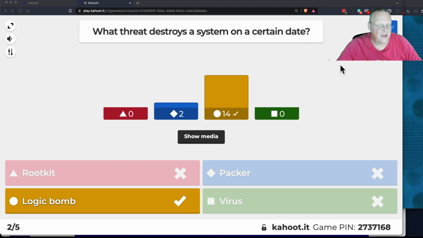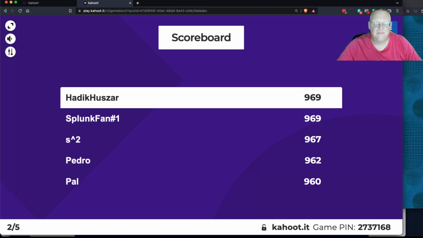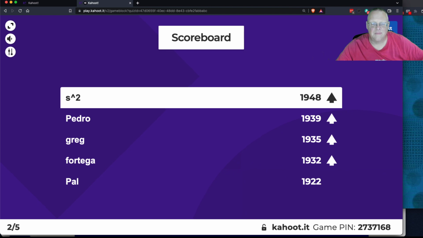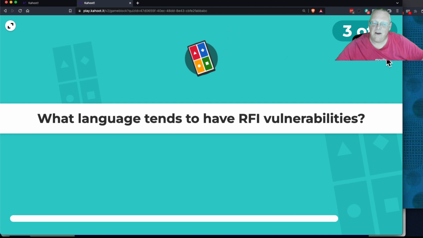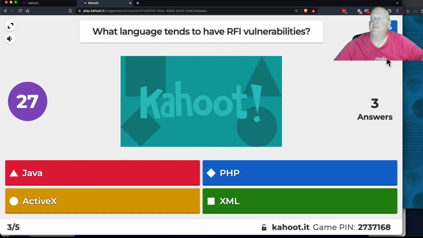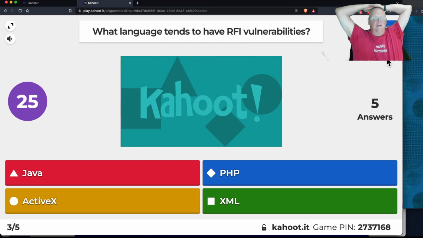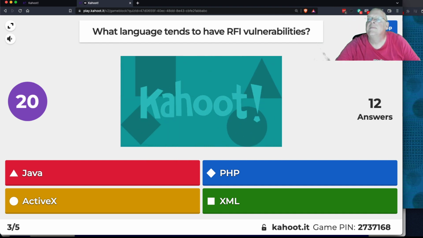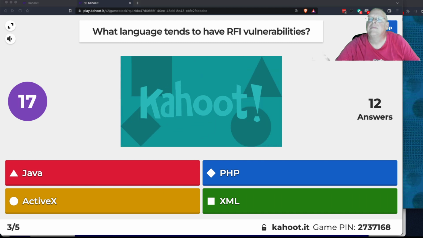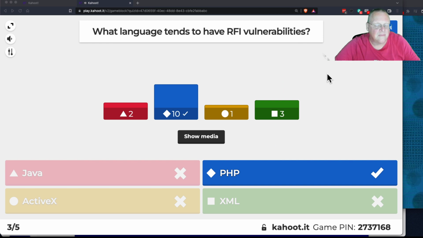All right, that's a logic bomb. Good. All right, so what language tends to have RFI phones? Yeah, that's PHP.